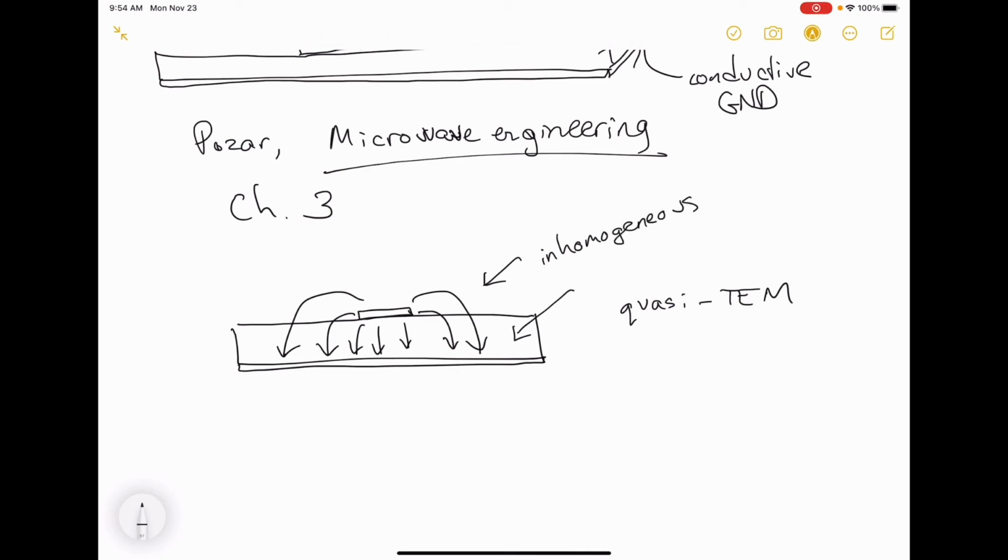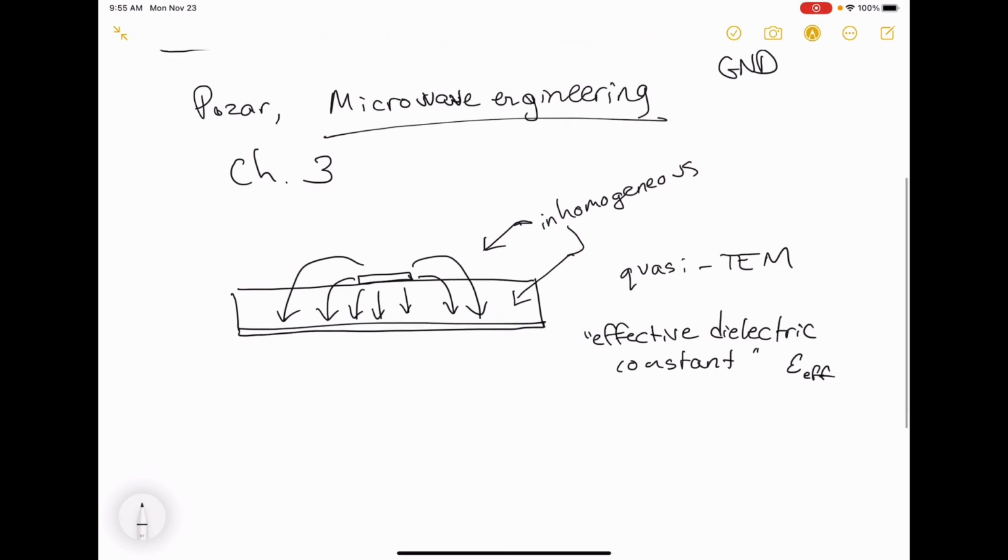Meaning that basically the portion of the wave that's in the air part wants to go at a different speed than the portion of the wave that's in the dielectric, and it sort of resolves that situation by having an effective dielectric constant, which is a weighted average of the two dielectric constants of air and the substrate.